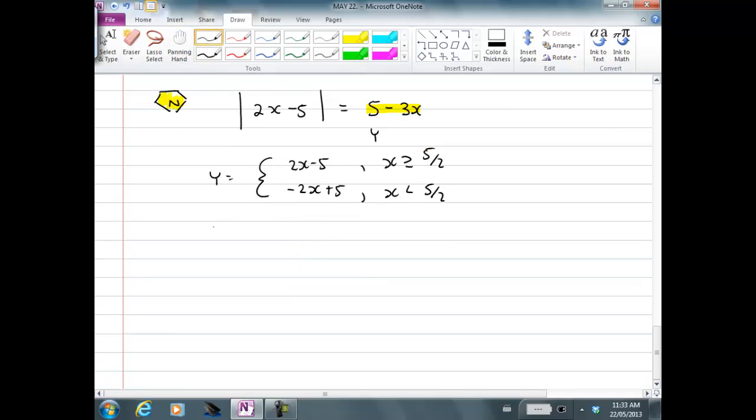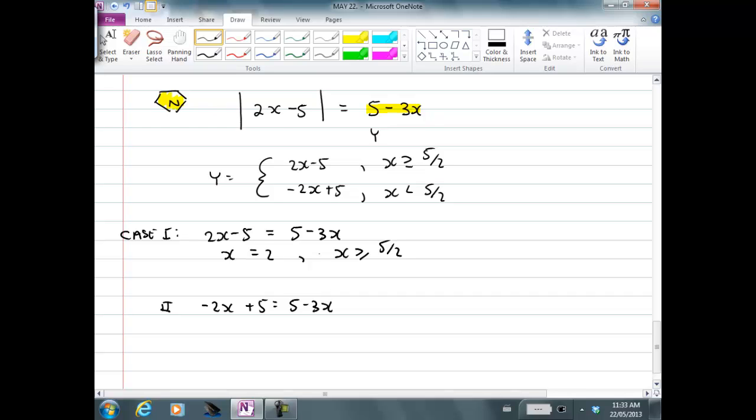So I'm going to go 2x minus 5 equals 5 minus 3x. So here's case 1. I'm going to solve for case 1. And if I did this, I have x equals 2.5 over 2. If I did the second one, case 2, this is negative 2x plus 5 equals 5 minus 3x.